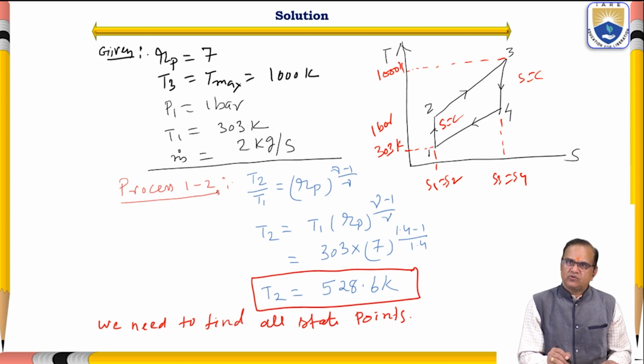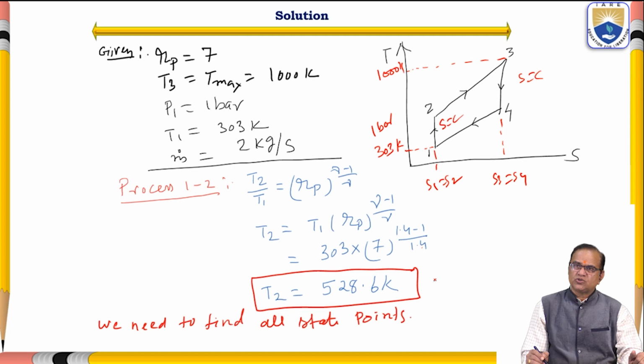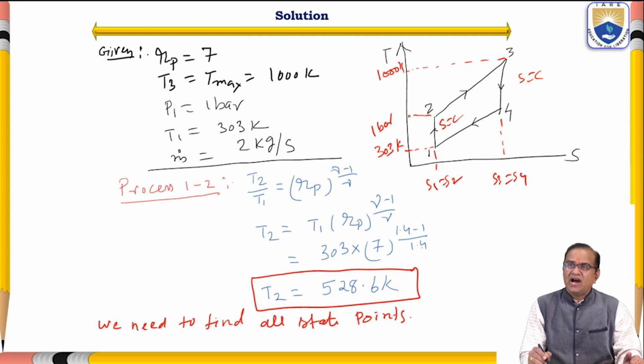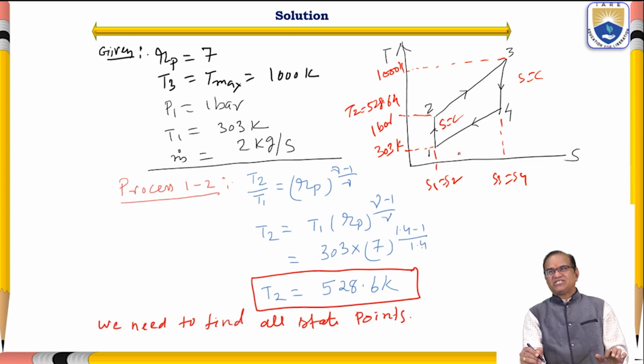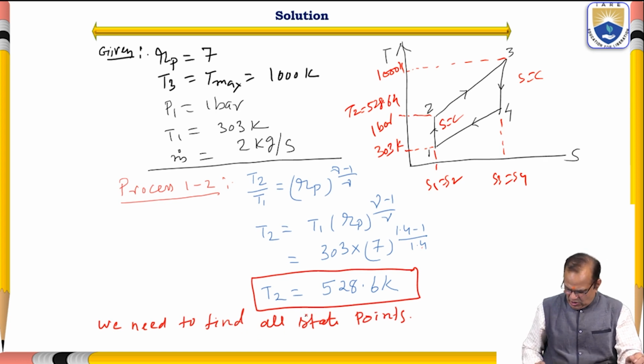So for 1 to 2, we use T2 by T1 is equal to Rp to the power (gamma minus 1) by gamma. So T2 is equal to T1, which is 303, times Rp, which is given as 7, to the power (1.4 minus 1) by 1.4. You will get T2 is equal to 528.6 Kelvin. So we have found T2 here. Now we have to find T4. If we know all the temperatures, we can get all the things, so we need to find all the state points.